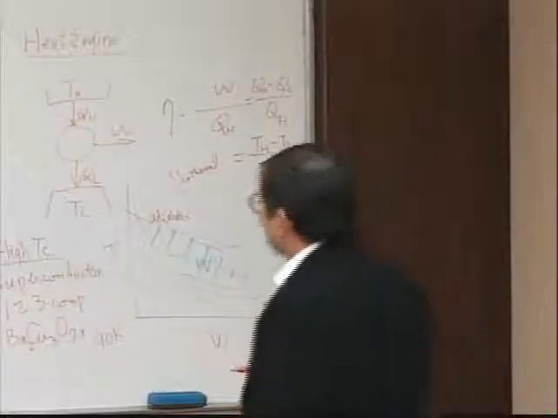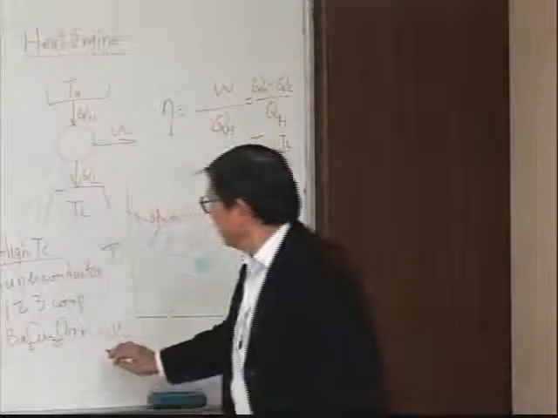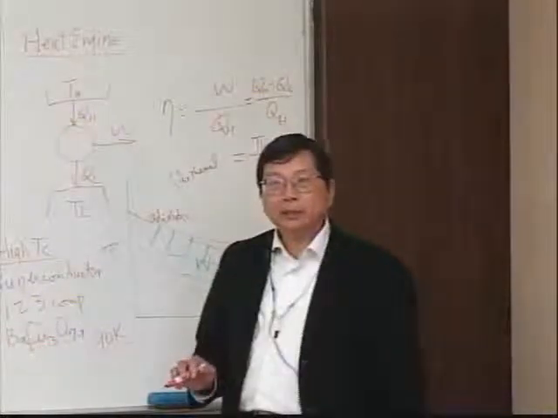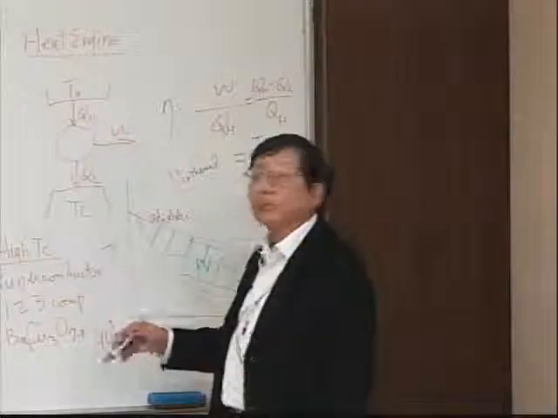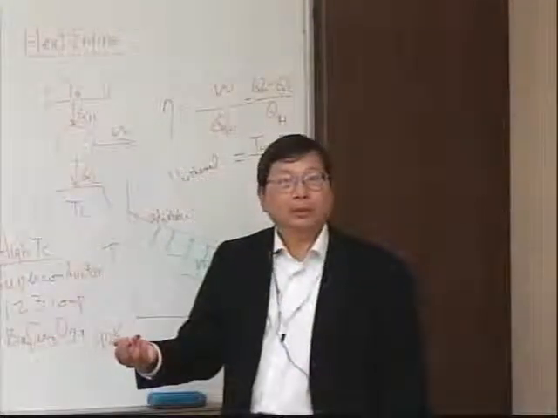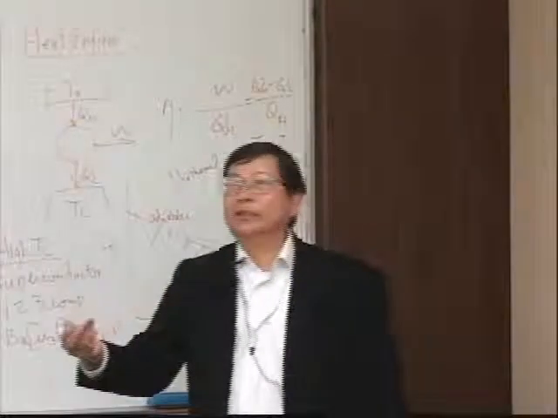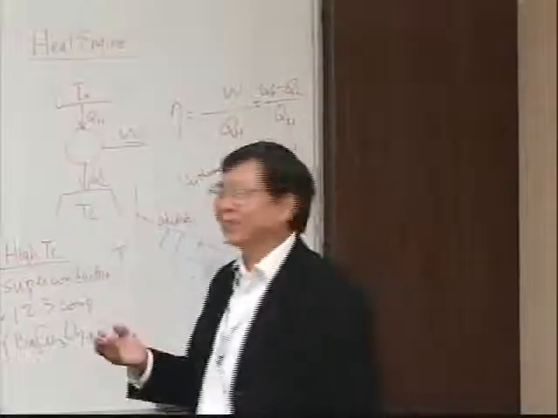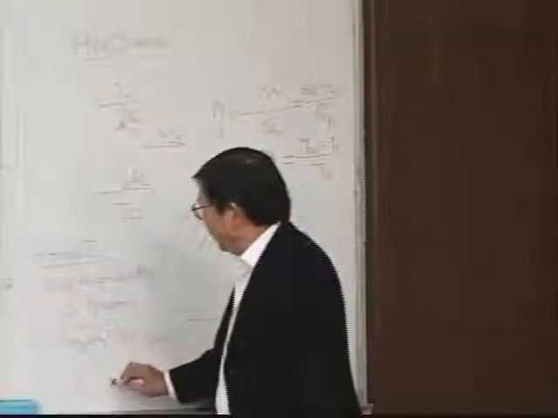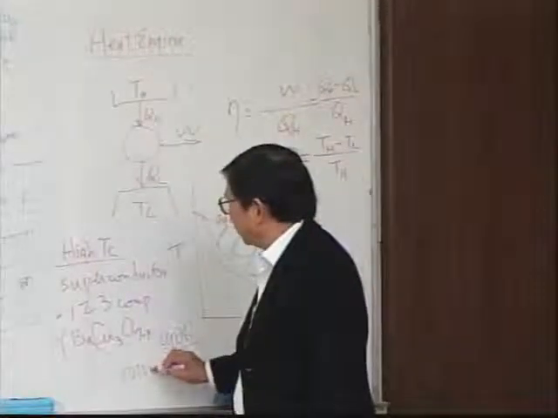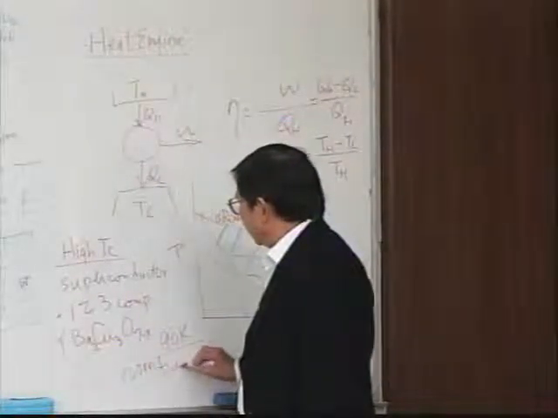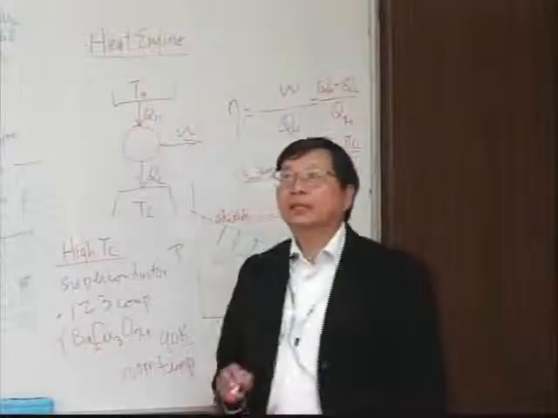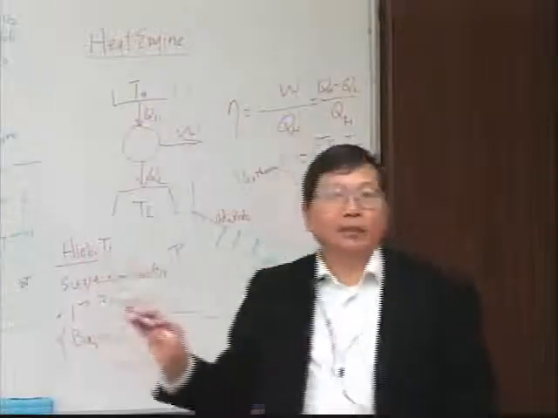So after they discovered the 90 K superconductor, they were able to use liquid nitrogen, and they can do a lot of things. One day, if somebody can, I keep challenging the students, if somebody can find a room temperature superconductor, then everything will change.